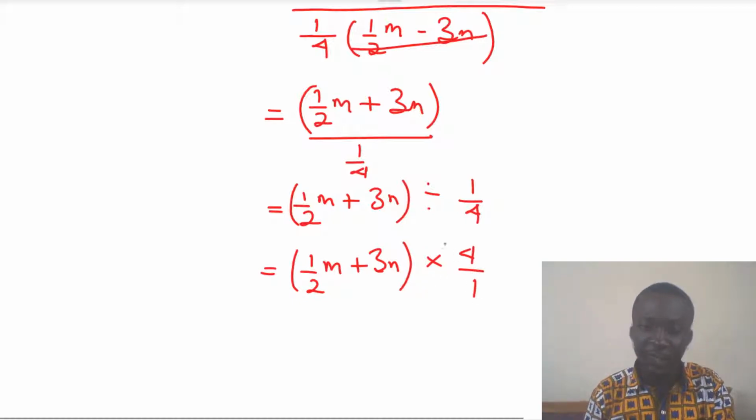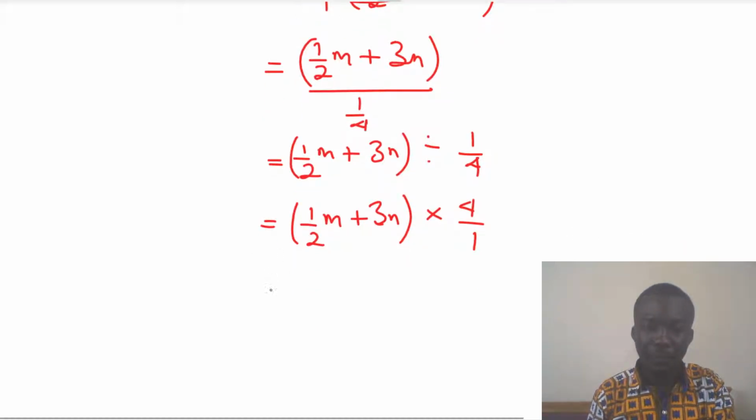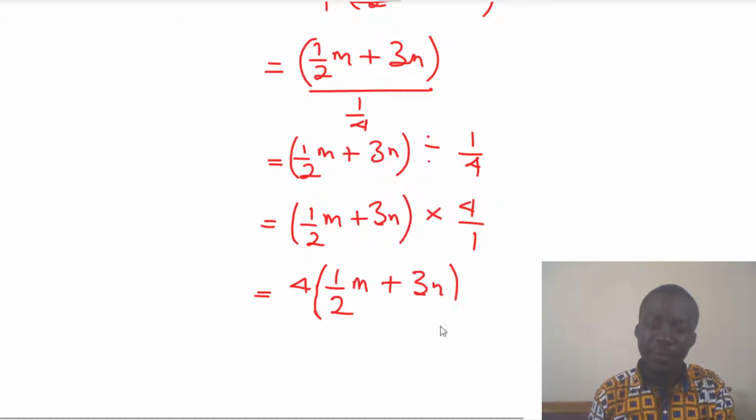Whenever you change division to multiplication, you also reciprocate the fraction after the division symbol. Then finally, the 4 is going to multiply the bracket. So we are going to get 4 times this bracket 1 out of 2m plus 3n.